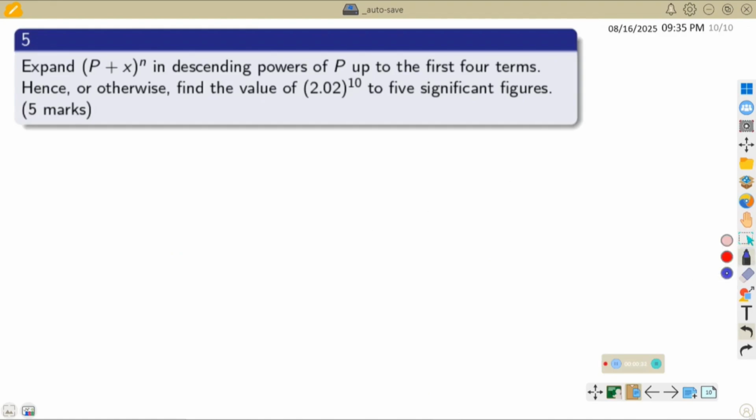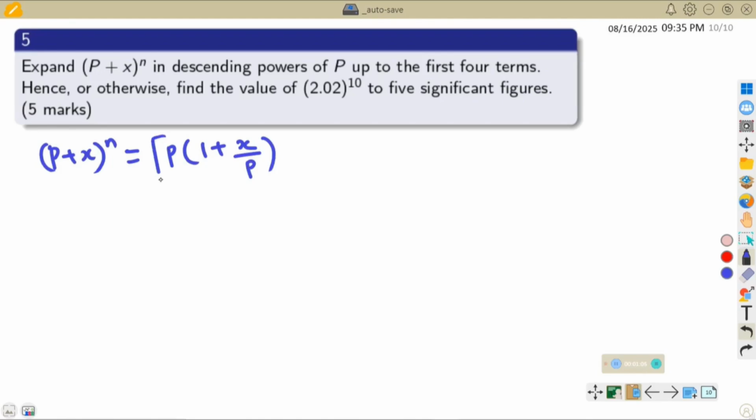Now, we are given p plus x to the power of n. If we are interested in descending powers of p, what we shall do is first of all factorize out this p such that we can create 1 plus x divided by p. Because if it is x divided by p, whenever you are expanding this, you are decreasing the powers of p.